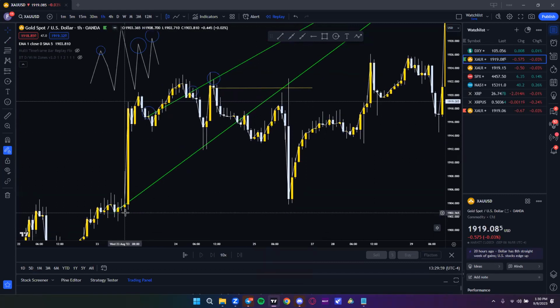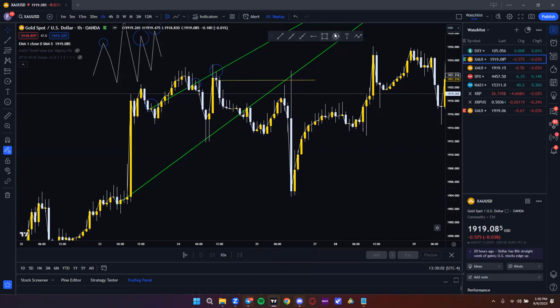This is your support, resistance, resistance. That is type 2, I believe. Yeah, type 2. I get confused with type 2 and type 4. It's this one right here. Support, break, resistance, resistance.